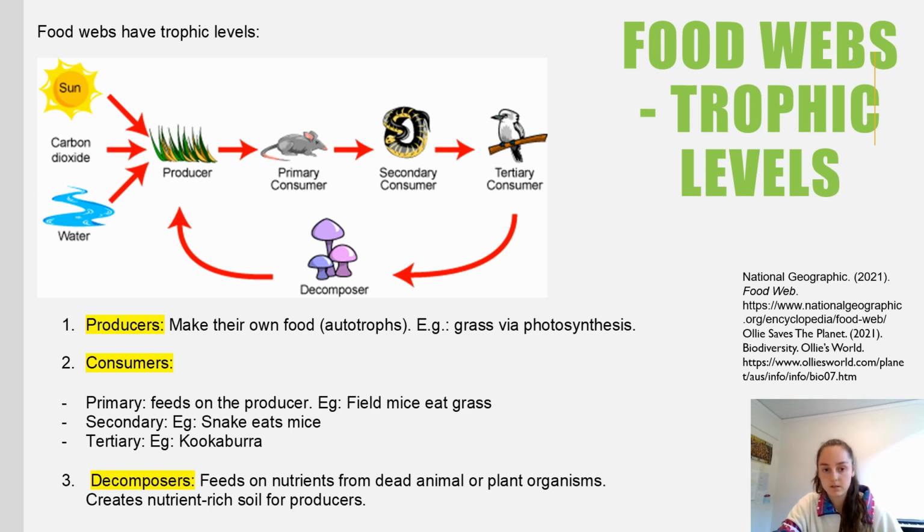Thirdly, there are decomposers, which feed on nutrients from dead animal or plant organisms. Once the kookaburra or grass dies, the decomposer, which is mushrooms or fungi here, uses that to provide nutrients back to the producer into the soil. That's basically the cycle of the food web.